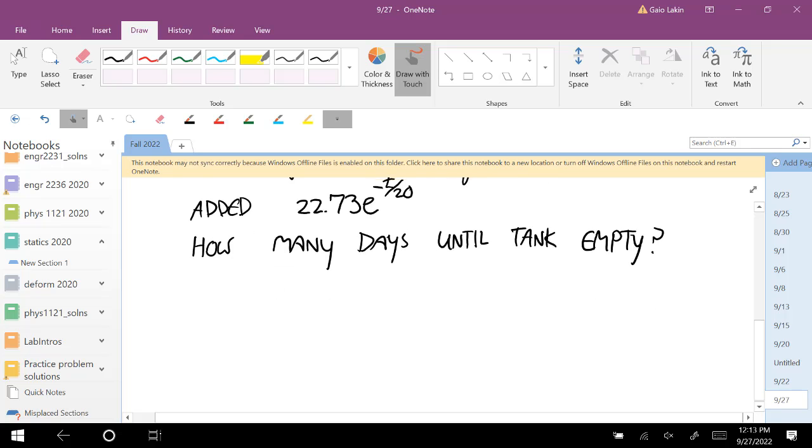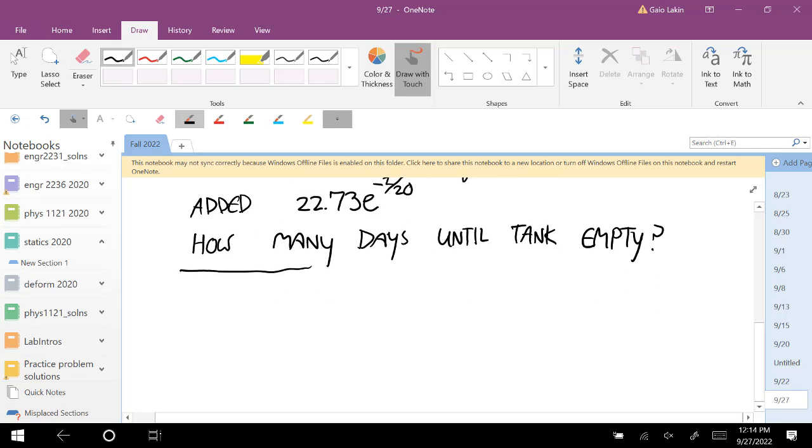Our conservation of mass equation says dm/dt for the control volume is equal to m dot coming in minus m dot going out.